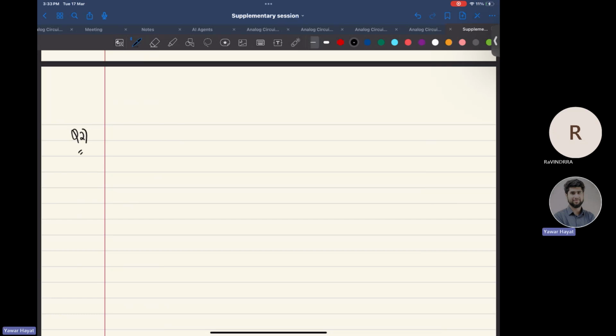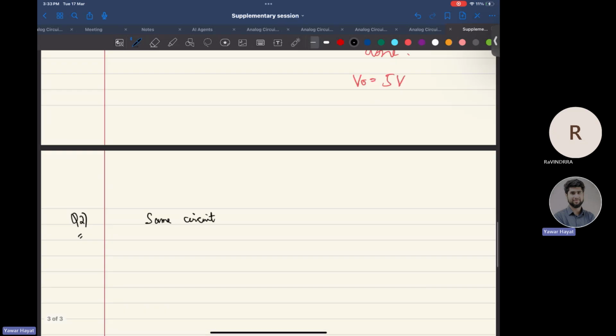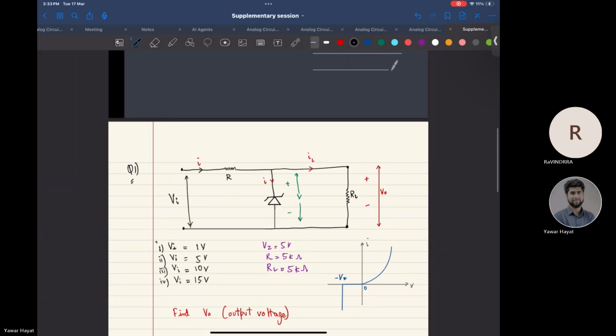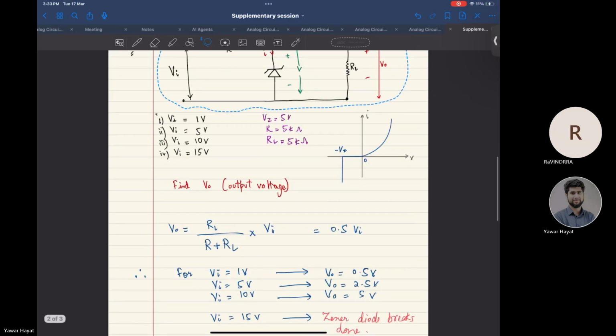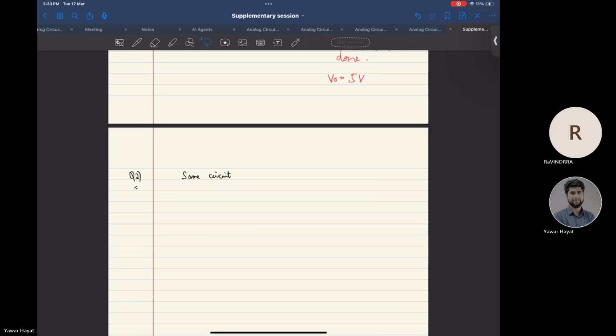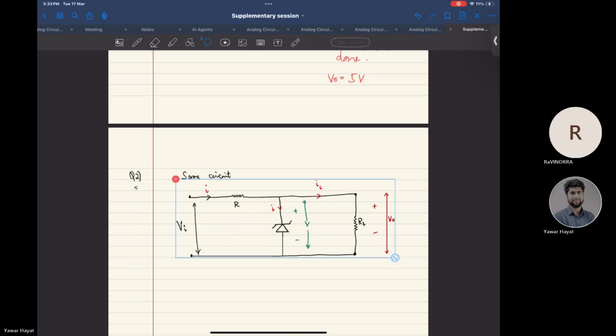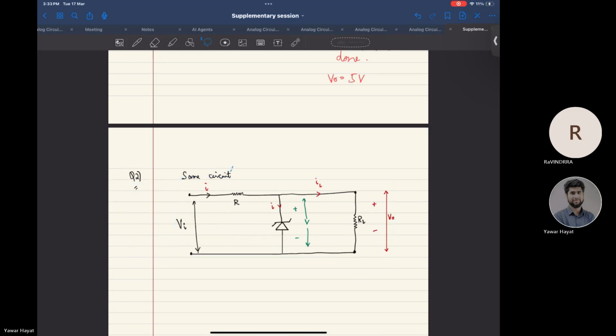For problem two, let's say we are given the same circuit, okay? So if the circuit is same, I can even copy paste it. Okay, this is your circuit.